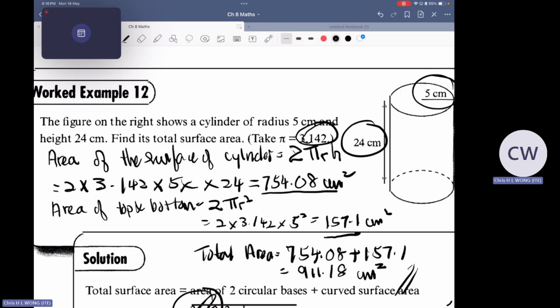Must put it inside also. All good? No question, sure? No? Very clear.